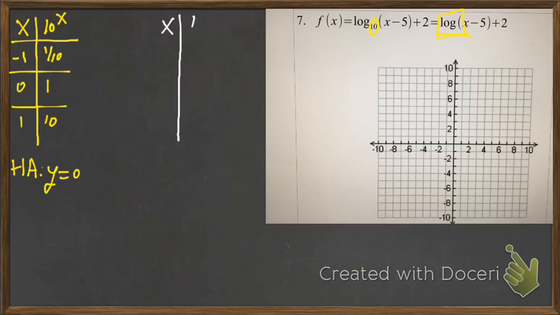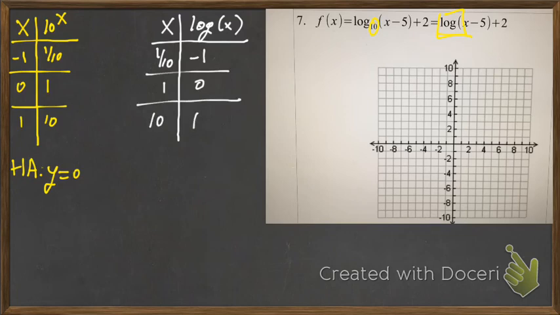And then to get to the log base 10, or just log, we're going to switch our x and y. So 1/10 and minus 1, 1 and 0, 10 and 1. And we have a vertical asymptote of x is equal to 0. Okay, so we'll put in our vertical asymptote of x is equal to 0, and we'll do our best to plot those 3 points and connect your dots. So there is log base 10, or we can call it log of x.